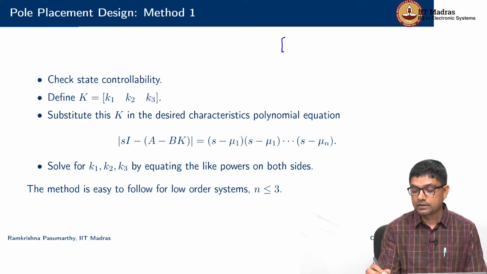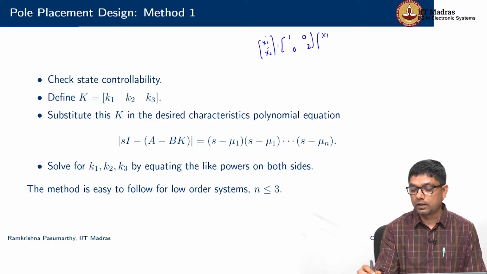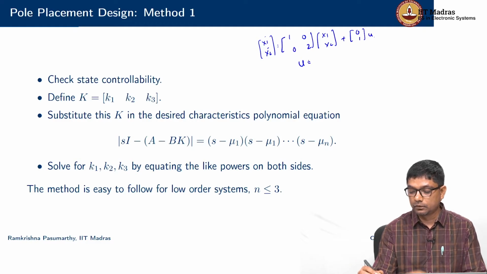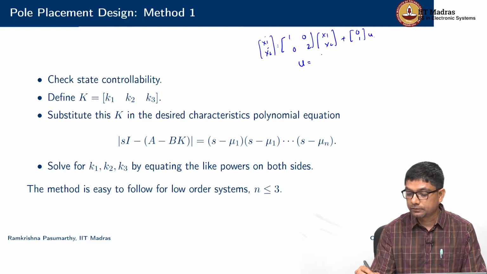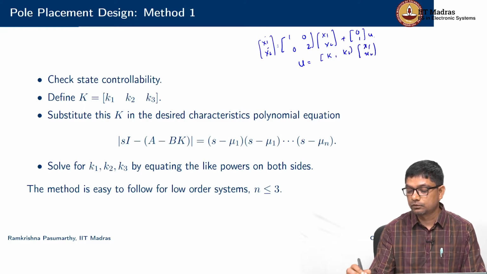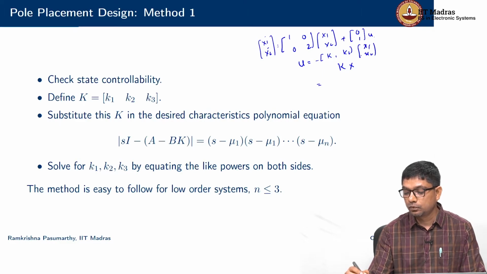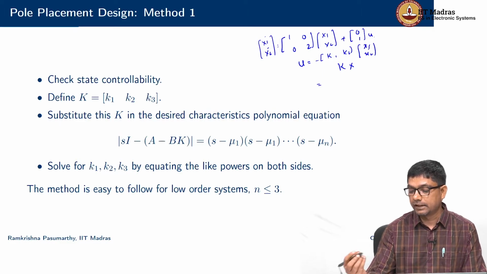Say I have a system of the form x1 dot, x2 dot equals [1 0; 0 2] times x1, x2, plus [0; 1] times u. With u equal to minus K1, K2 times x1, x2, the standard form u equal to minus Kx, let us say K is 1 comma 1.